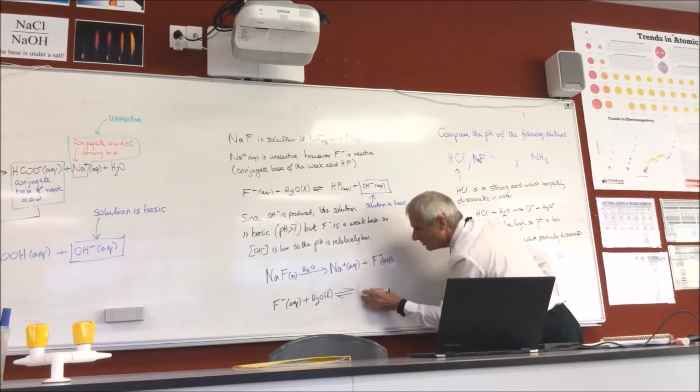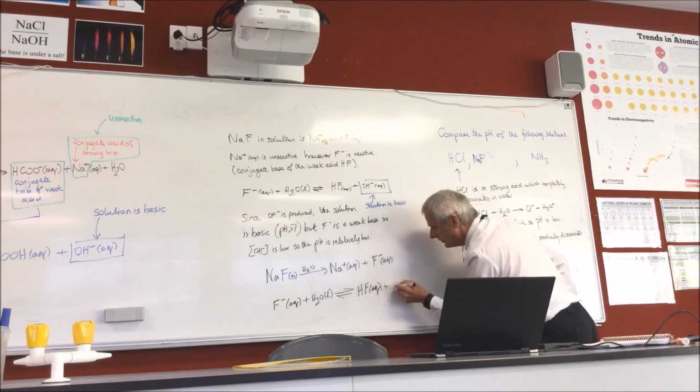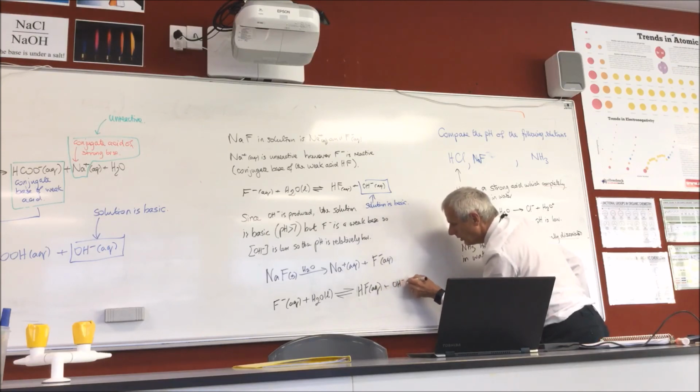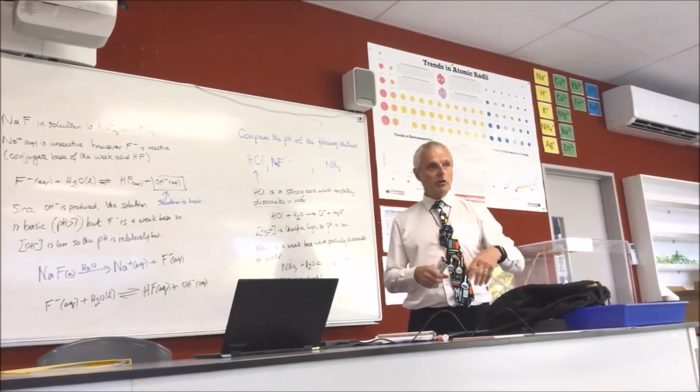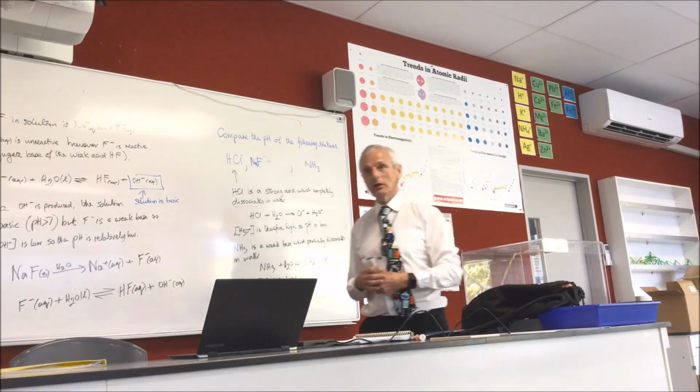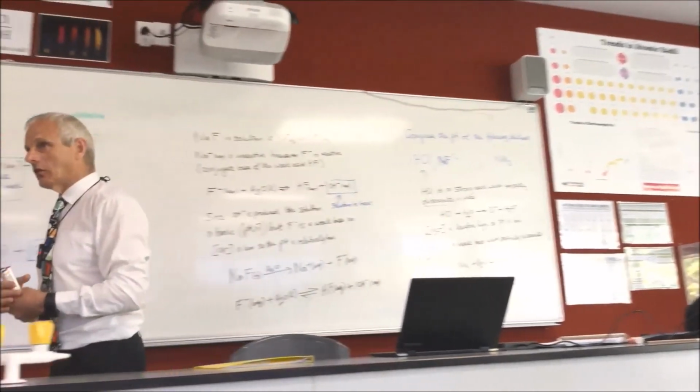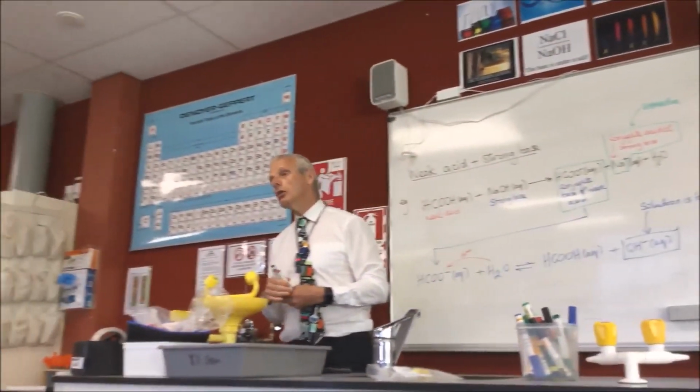Now I put it twice, but that's just to emphasise the point. So if they ask you for two equations, it's because you're starting with a solid and you need to dissolve it up to separate the ions and put them into solution so that they can then either react or not with the water.